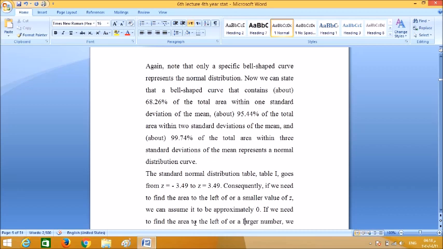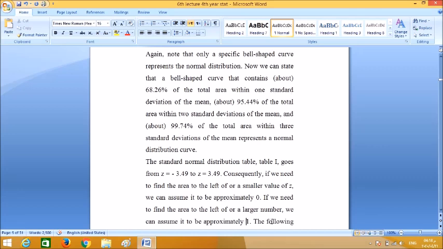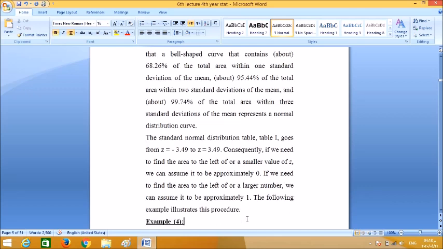If we need to find the area to the left of a number larger than 3.5, we can assume it's approximately equal to 1. Okay, the following example illustrates this procedure.